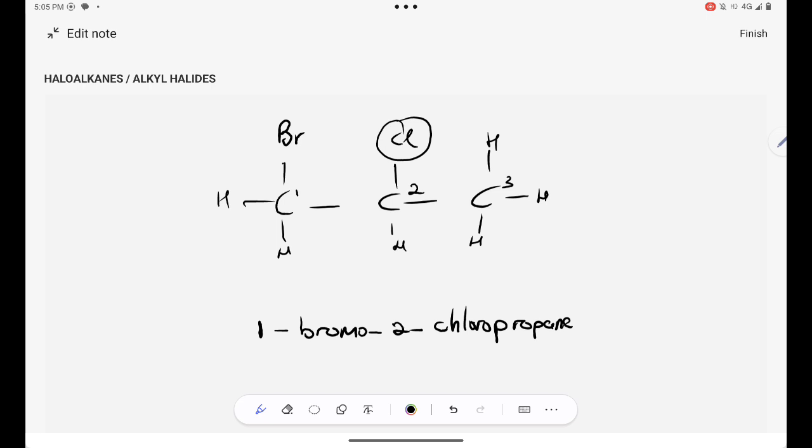Please, guys, remember that between numbers and letters there must be a hyphen. This small dash over there is called a hyphen, just to separate the numbers and the letters.